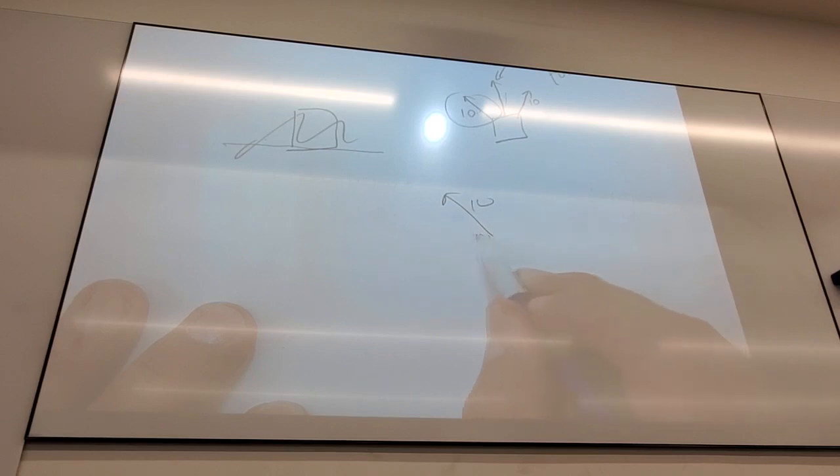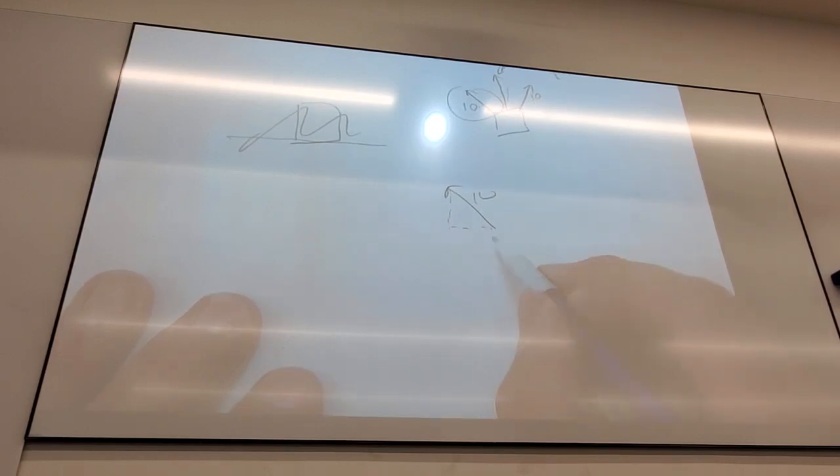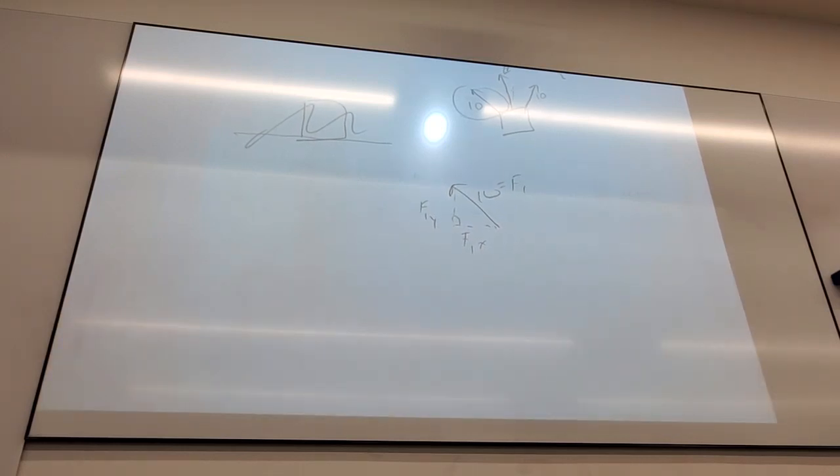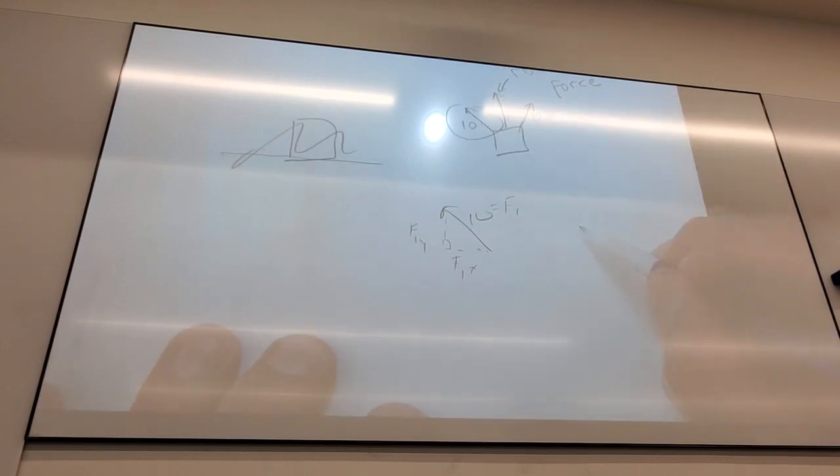Isn't there a component to the west and a component to the north? We'll call this force 1. Isn't there an x component and a y component? Isn't there the same thing for this one? Yes, there's an x component and a y component.